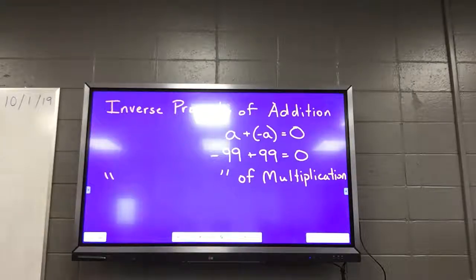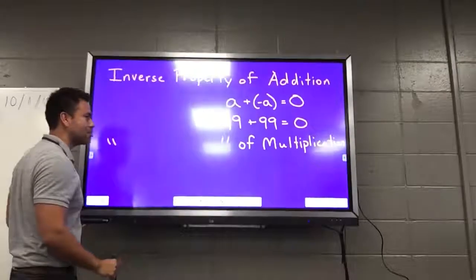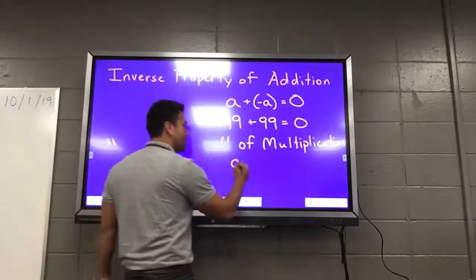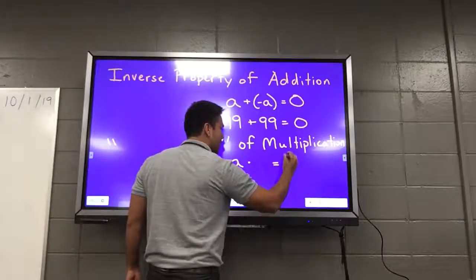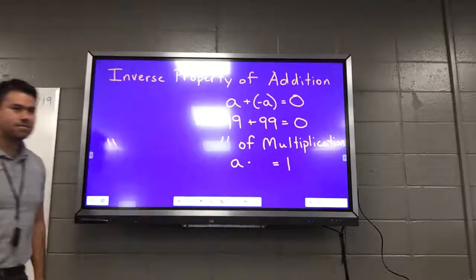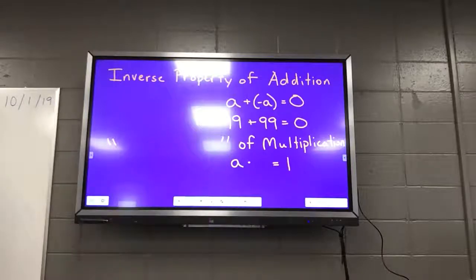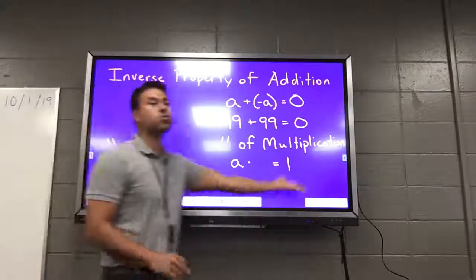All right, let's look at the inverse property of multiplication, though. A number times something equals 1. You guys know what that number is? The book has it, by the way. A number times something equals 1.